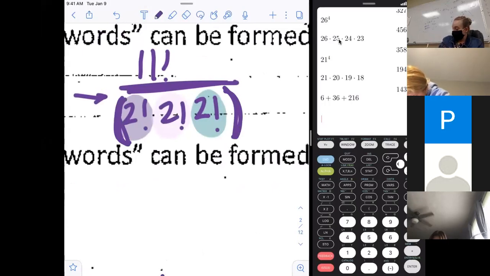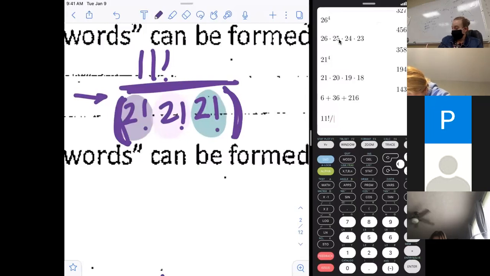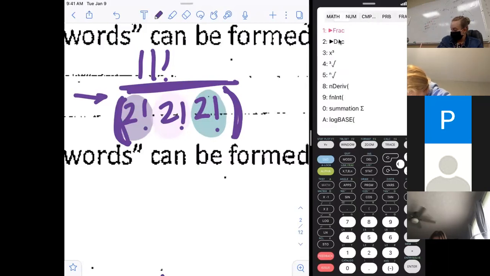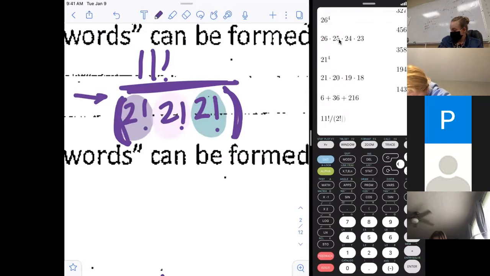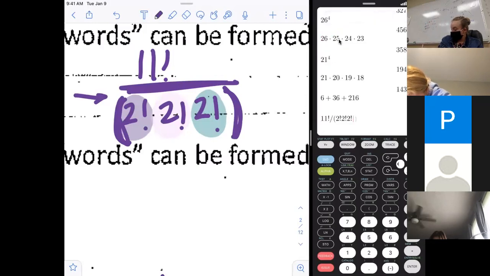So I'm going to do 11 factorial, using math prob, divided by one big set of parentheses that has 2 factorial, 2 factorial, 2 factorial, and then close your parentheses.